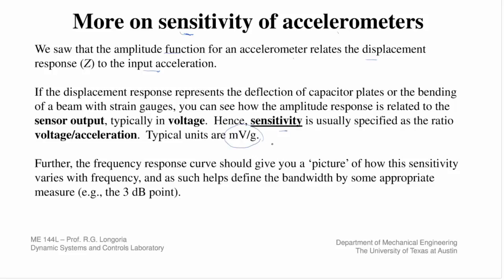So the units sometimes for accelerometers will be reported either as some voltage per acceleration, per g, or per meter per second squared, depending on how the manufacturer decides to report that. And then the bandwidth would also be reported, and I'll show you some examples here in the following slides.